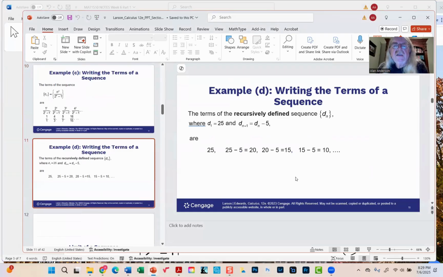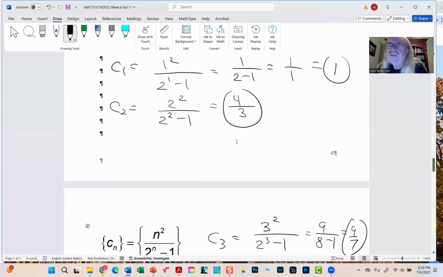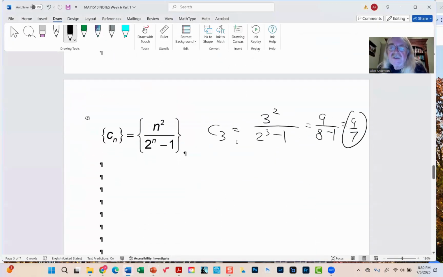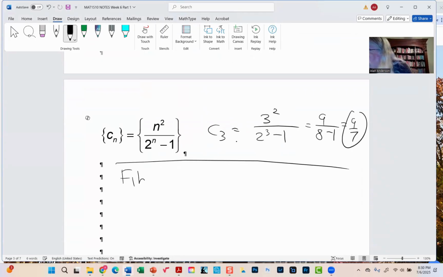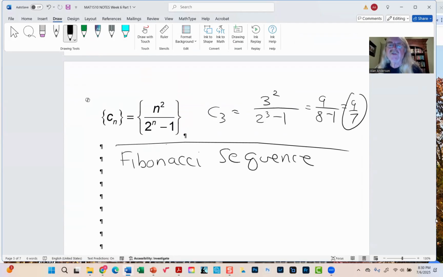Great. Now, sometimes a sequence can be written in what's called a recursive form, which means each term is a function of previous terms. Which, by the way, reminds me, there's one sequence that you've run into, which actually is recursive, maybe without realizing it. You might remember the Fibonacci sequence from your travels.